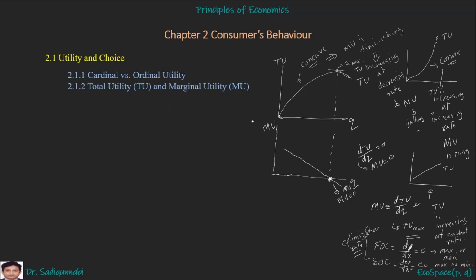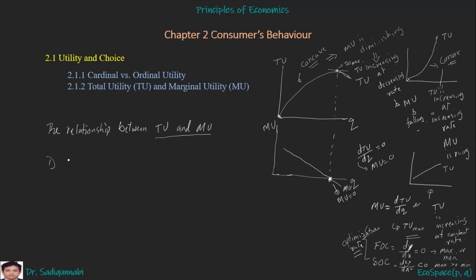So if we understand this, then we can make the relationship between total utility and marginal utility. So write down the relationship between TU and MU. So what is the relationship? Write in this way.